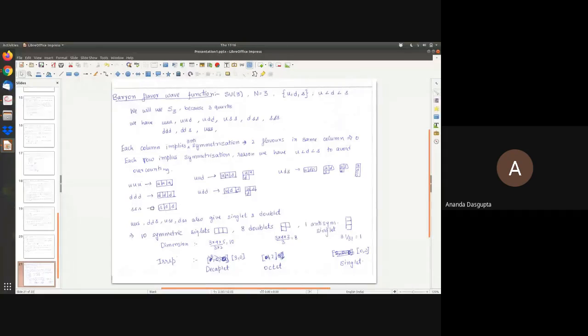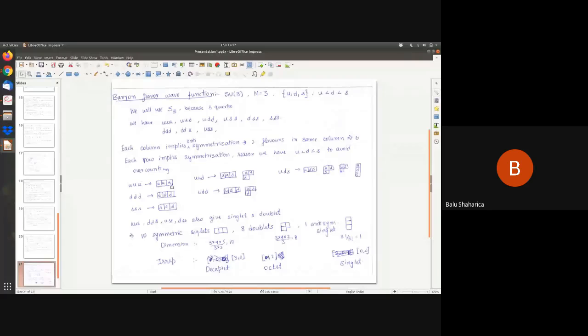There are a few of mixed symmetry. So this is a singlet because three, and we'll have 3 into 4 into, no, these are not.